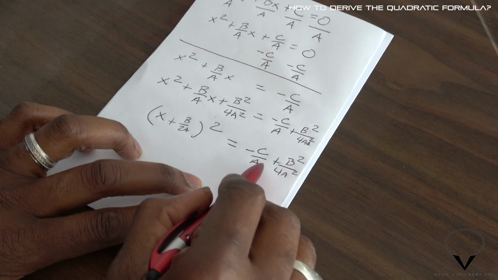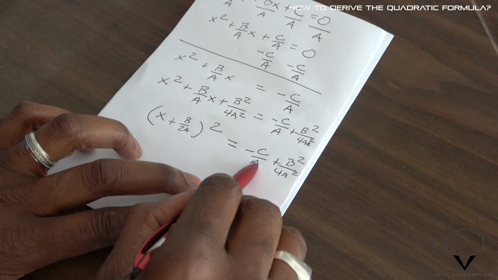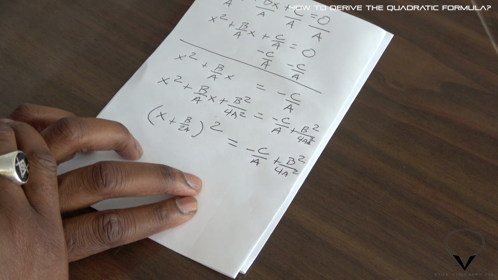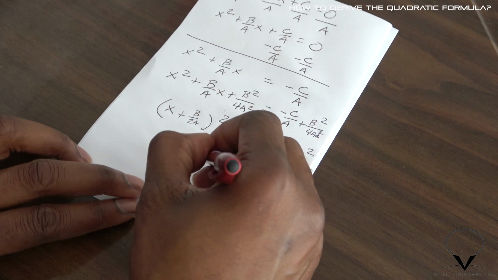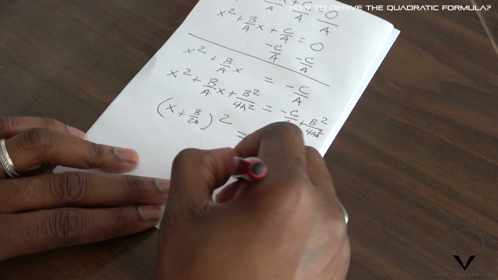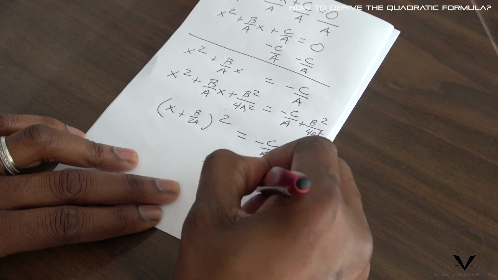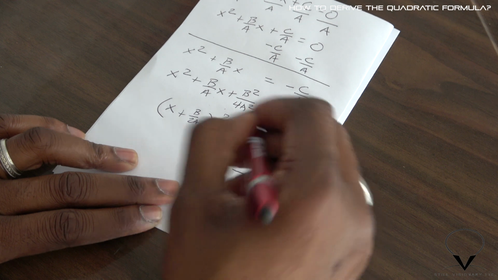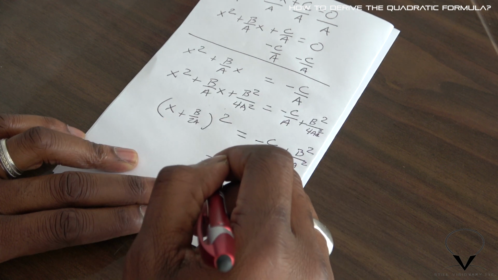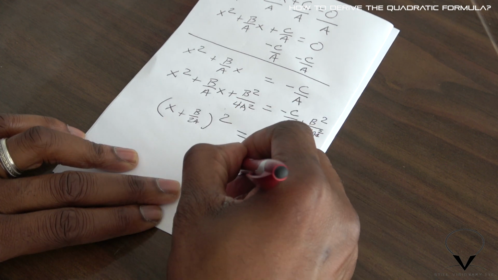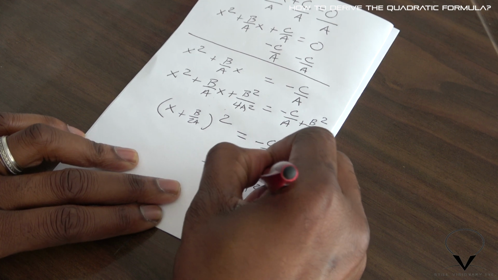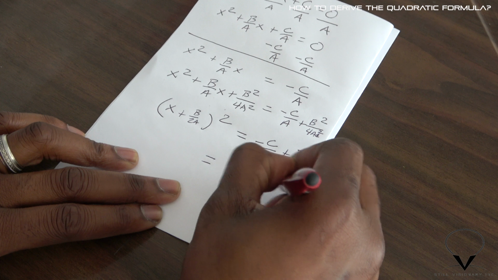Now, I've got to find the greatest common denominator between these two, which is 4a squared. So on the right-hand side, I'm going to put everything under 4a squared, and I'm going to multiply the c term times 4a. So I've got negative c times 4a plus b squared.